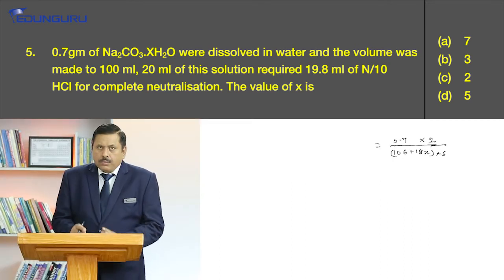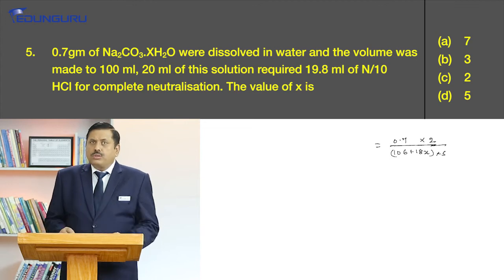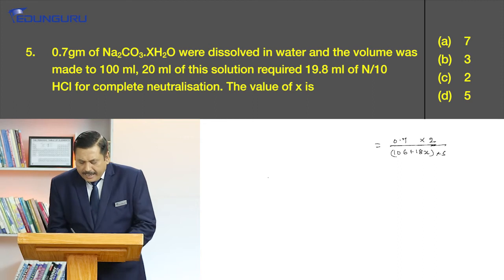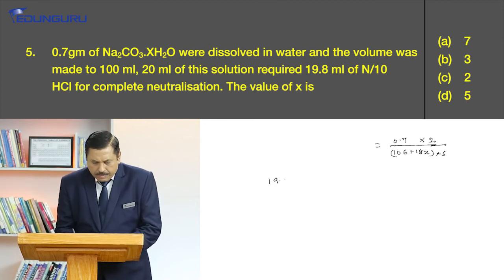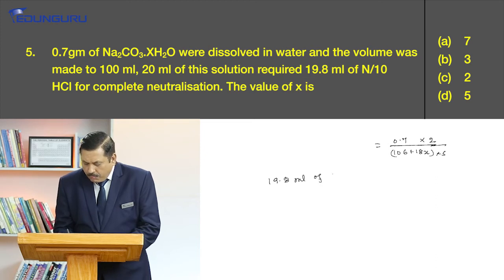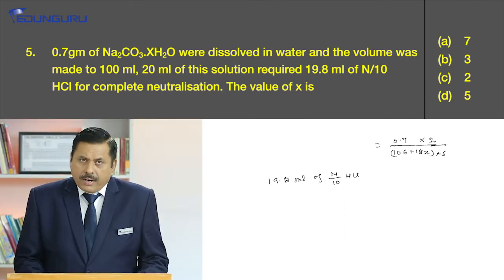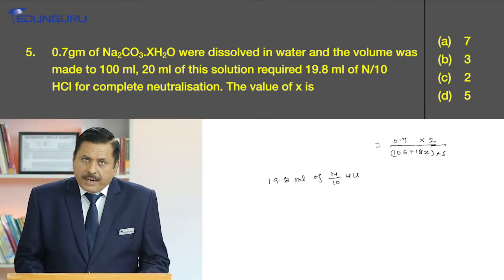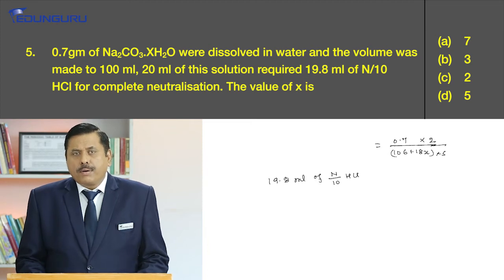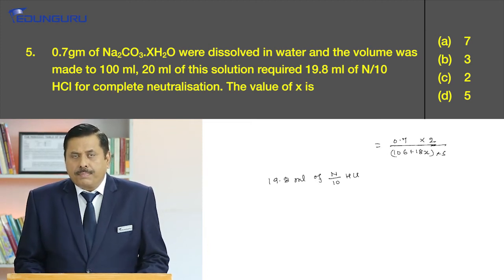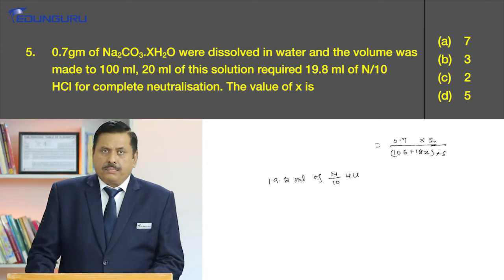Now this solution is completely neutralized by 19.8 milliliter of N/10 HCl. Now we know during complete neutralization, the number of equivalents of acid and the number of equivalents of base must be equal.